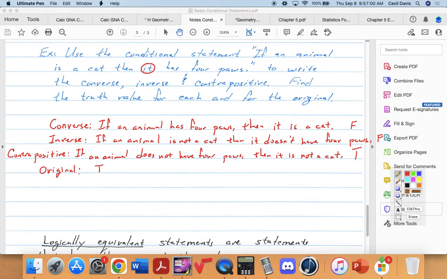The converse and the inverse also always have the same truth value. Now, is it possible for them all to be true? Yes.